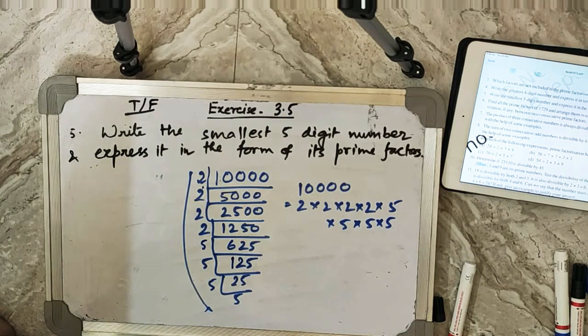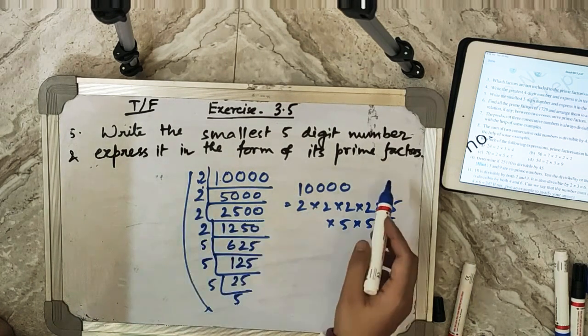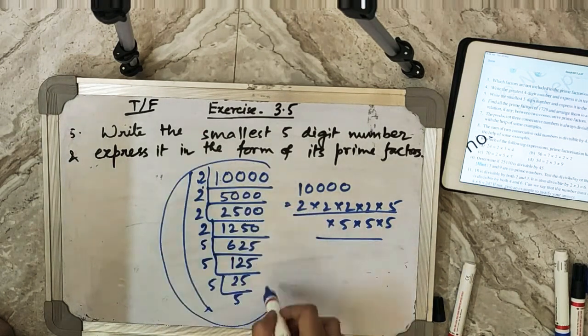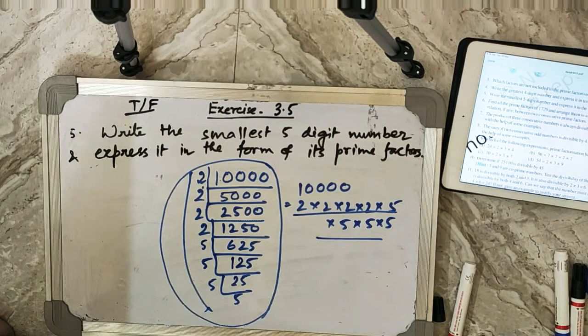Okay, so this is the way by which the smallest 5-digit number can be expressed, and this is in the form of prime factorization. Okay, so we have factorized it with the prime numbers and we have represented it as the product of those prime numbers. Okay, so let's proceed.